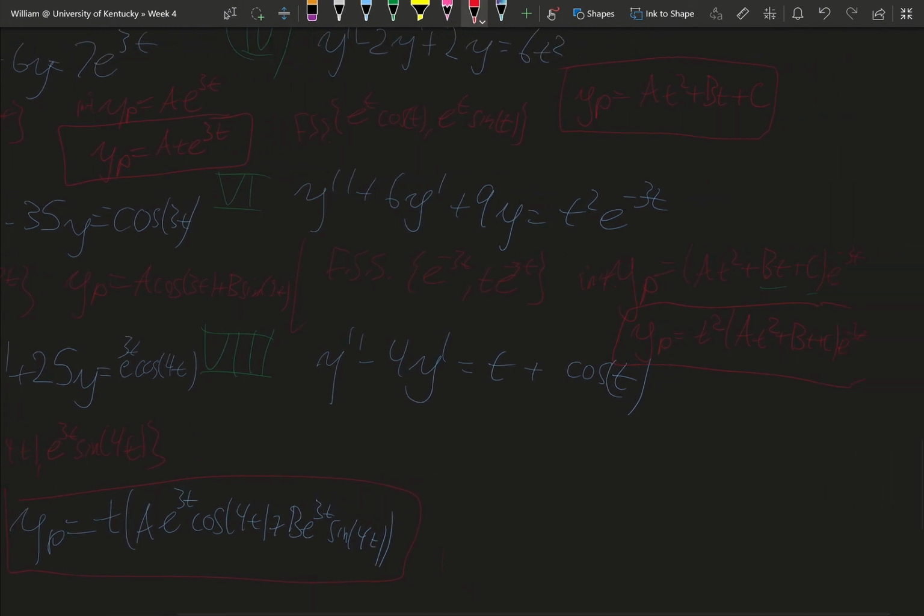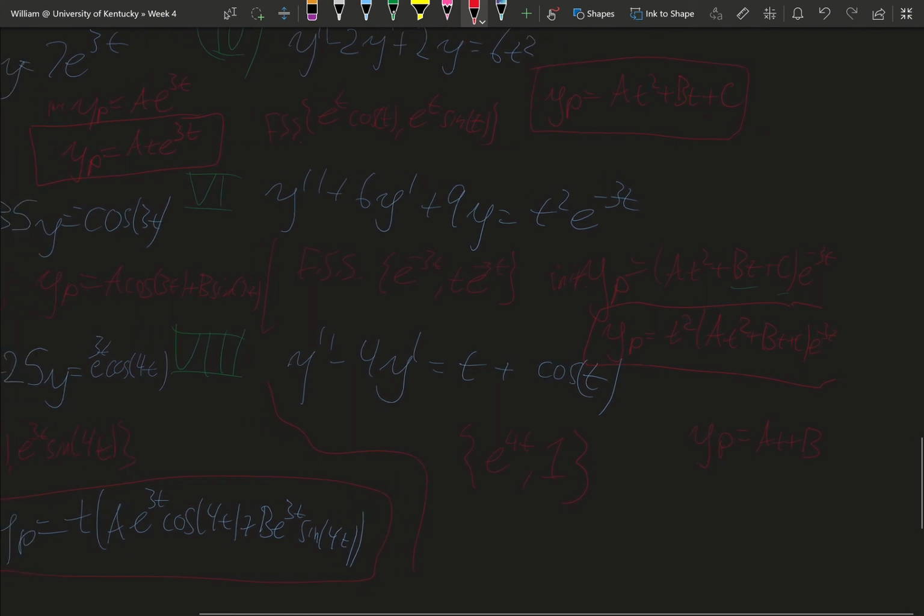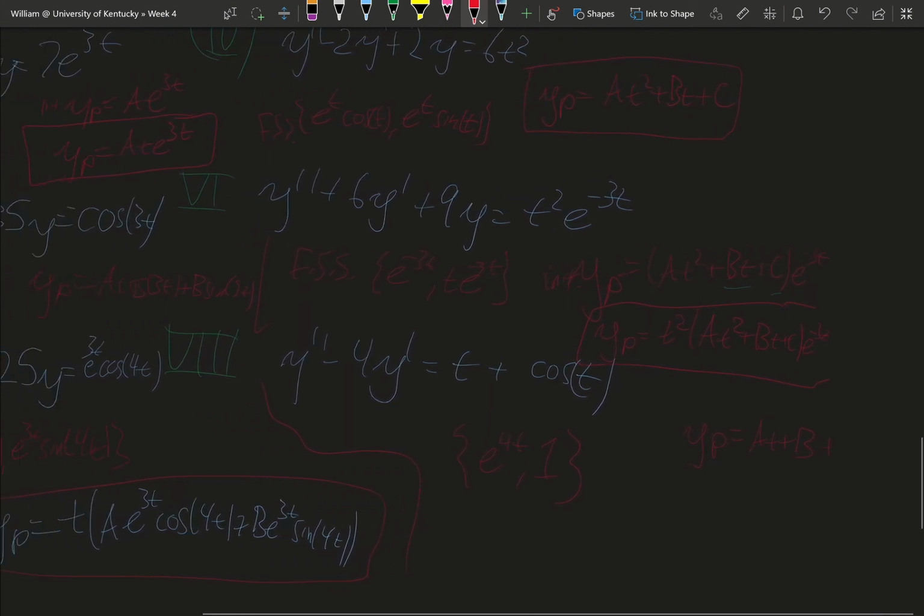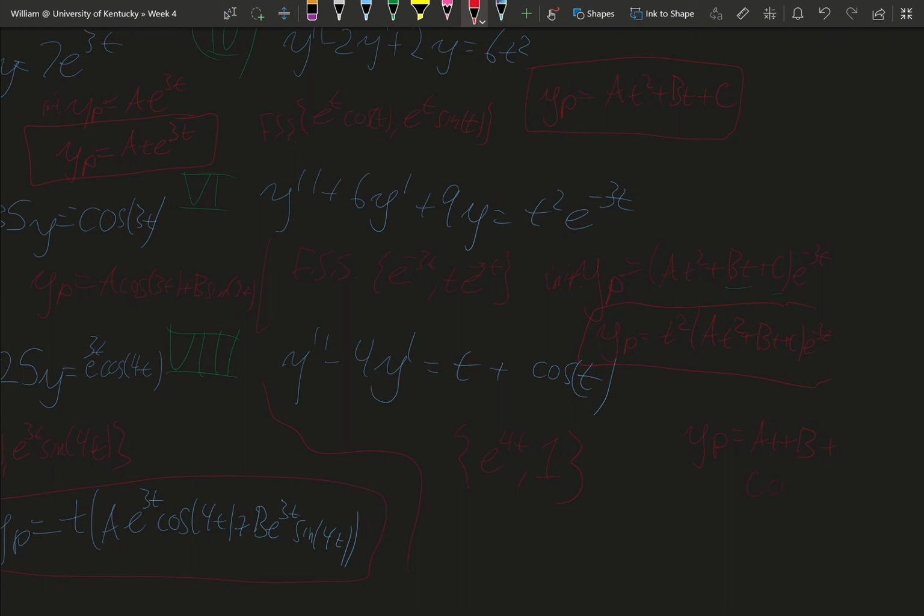And for our last one, our fundamental set of solutions is e to the 4t and 1. And so note our initial guess would be at plus b, and then let's say plus c cosine of t plus d sine of t.